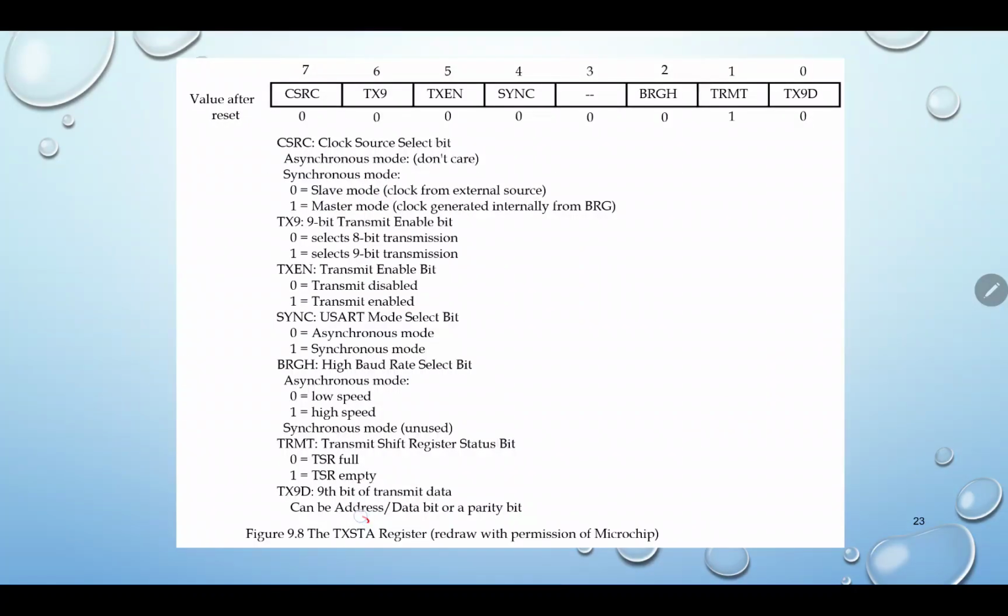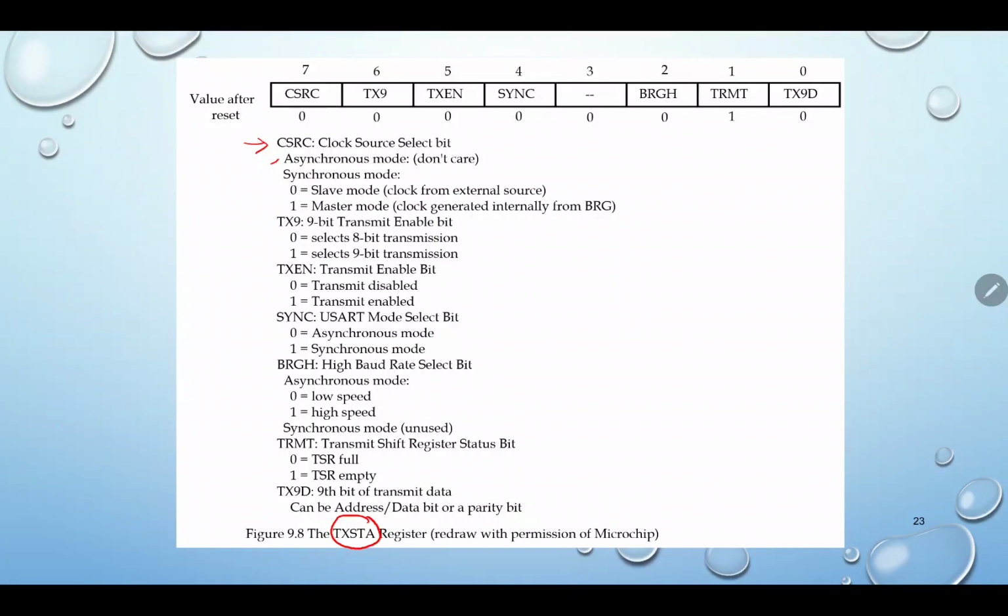So this is actually on the transmit status register. Under the transmit status register, if you look at the configuration, let's look at the clock source. The first one is the clock source. If it is in asynchronous mode, you don't care.